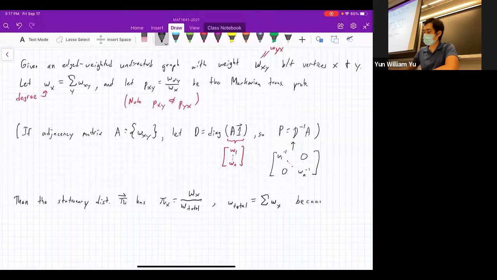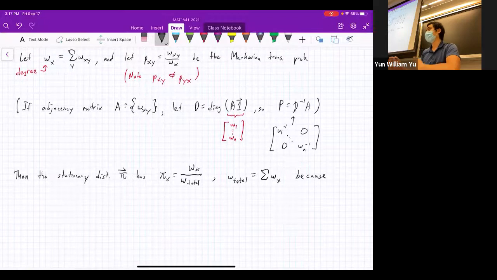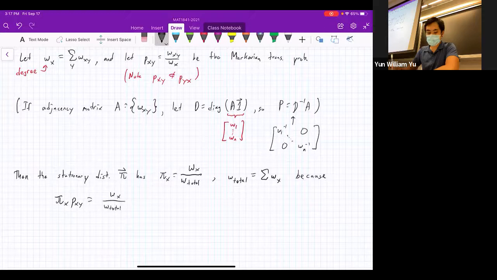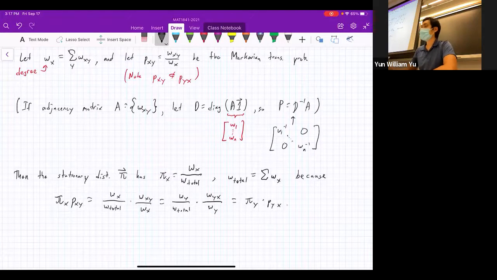Okay, and it's pretty easy to show that this is actually the stationary distribution by some of the results we showed last time. So note that pi_x times P_xy, the probability of starting at node x and leaving to go to node y, is equal to W_x divided by W total times W_xy divided by W_x, which is equal to W_y divided by W total times W_yx divided by W_y, which is of course equal to pi_y times P_yx.